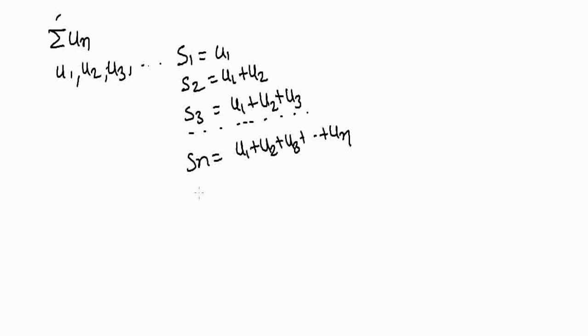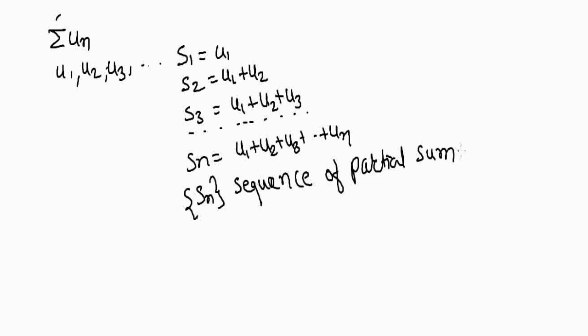Then we get a sequence Sn, and this sequence is called the sequence of partial sums of the series. So using this sequence of partial sums we convert the whole series into a sequence, and our knowledge of sequences will be helpful to get knowledge about series.